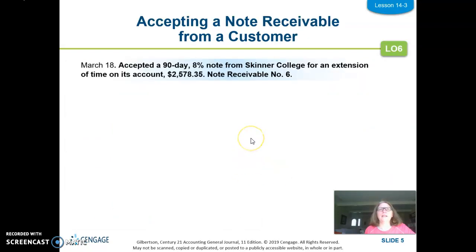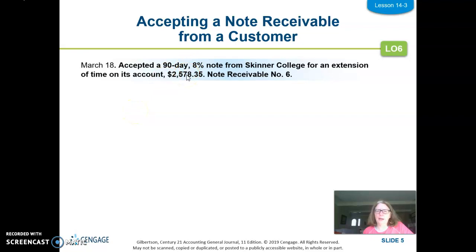So when we accept a note receivable from a customer, this is your first journal entry that you're going to be doing. So we accept a 90-day 8% note from Skinner College for an extension of time on its account. That amount in our source document is note receivable number 6. So we have an accounts receivable, a debit of $25.78.